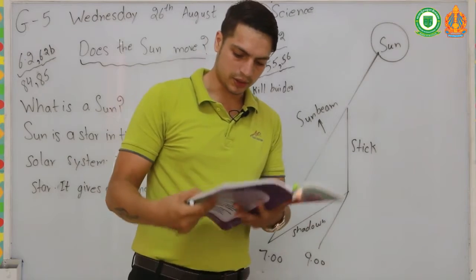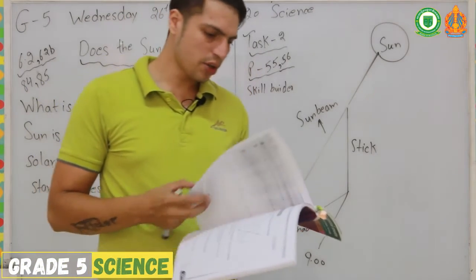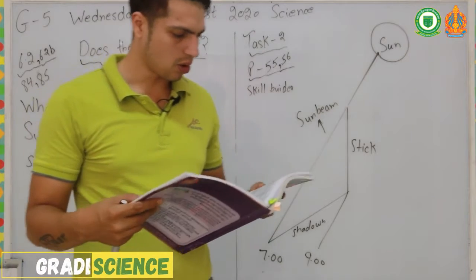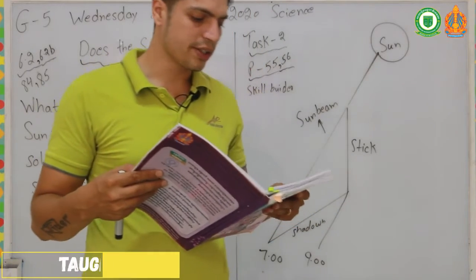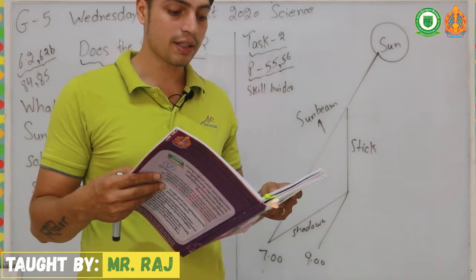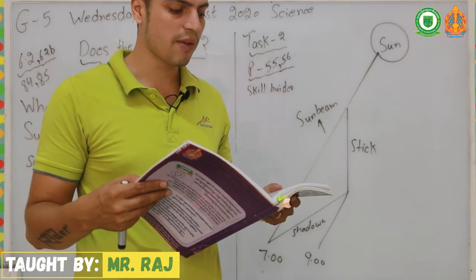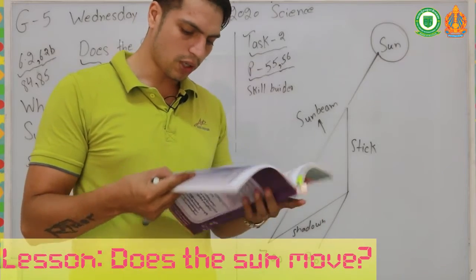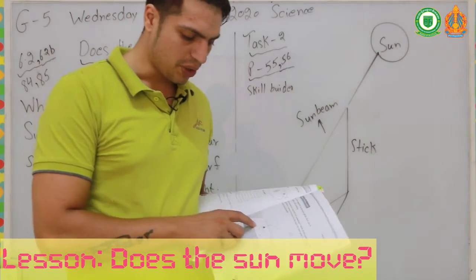Now your task 2 is on page number 56. On the picture, draw sunbeams and suns for the shadows at 11, 12, 13 and 15.